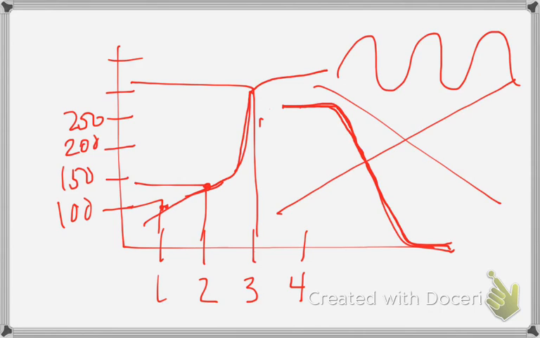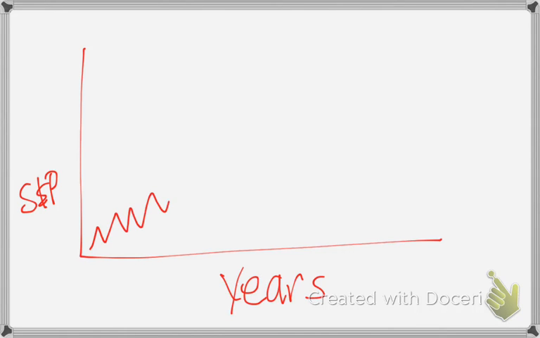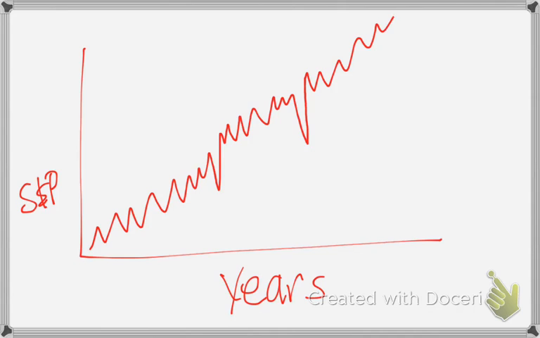Not just for science, but what about the stock market? If you have years here, and they're measuring the S&P 500, which is an index, it's done this, and then this, and then in 2008 it went down, and then this, and this.